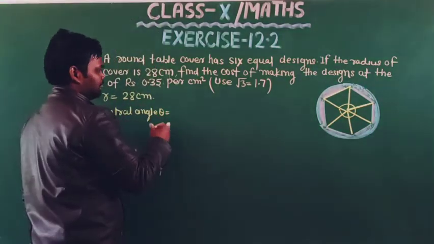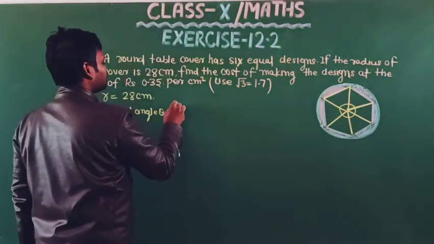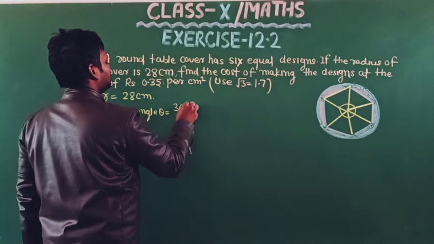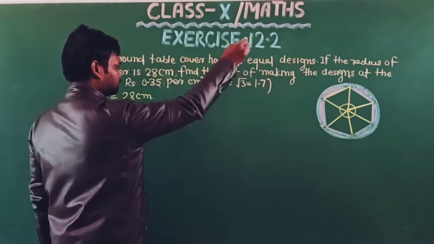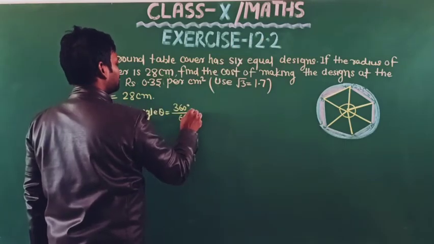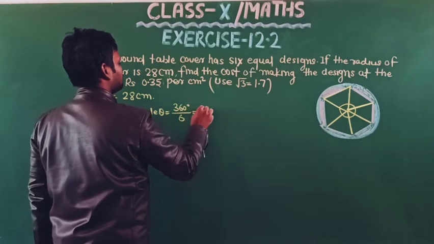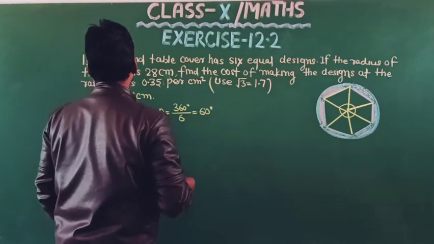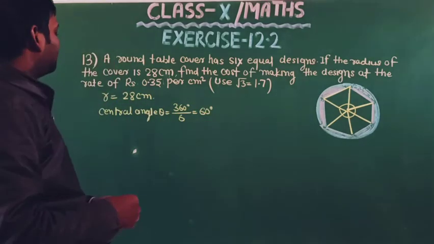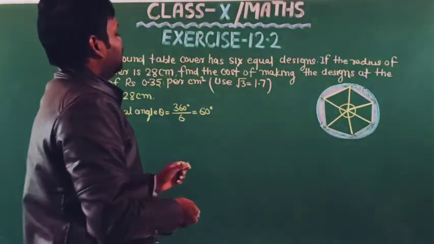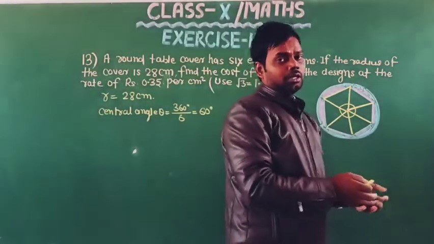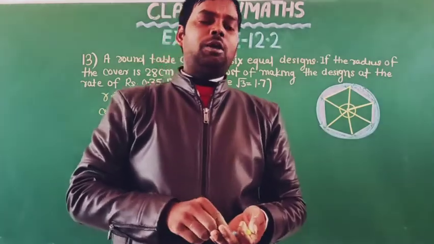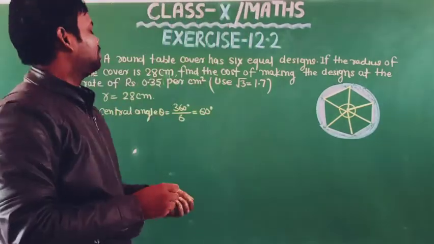So the central angle of this sector will be 360 degree upon 6, which is equal to 60 degree. This is the central angle of the sector.